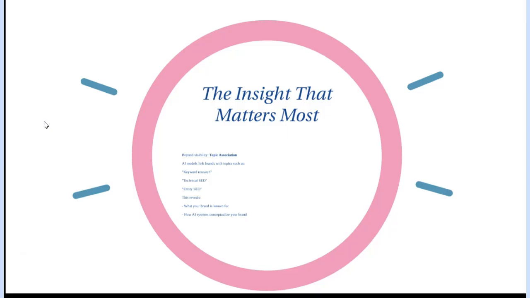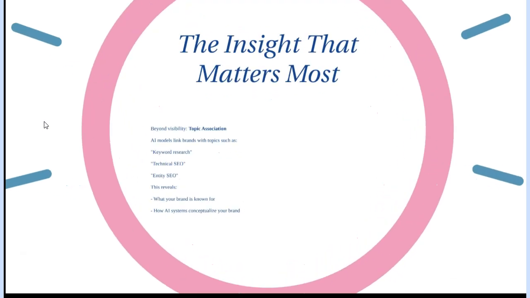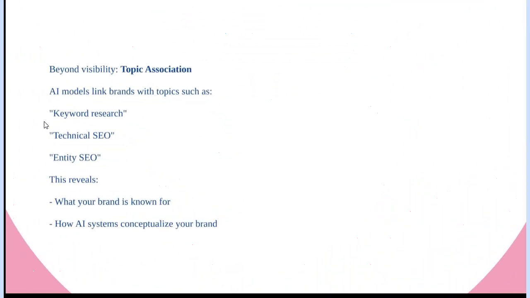The insight that matters most. But there's another layer that's often even more valuable, which is topic association. When an AI model mentions a brand, it usually links it to certain capabilities or topics.